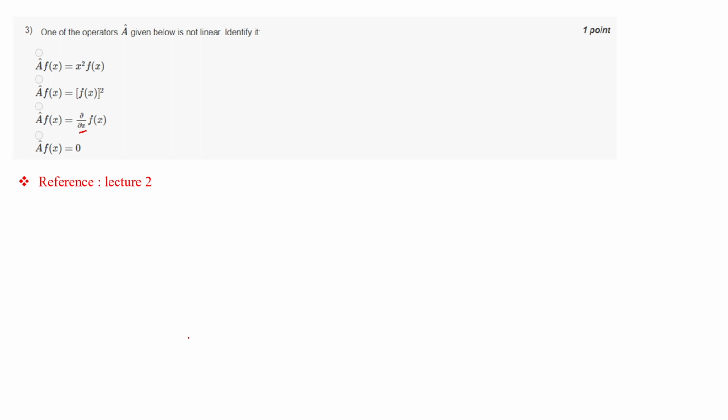So A of (a f(x) plus b g(x)), operated by the operator A: A comes out and acts on f(x), and B also comes out, and A acts on g(x). So now can you answer which one of these is not linear?